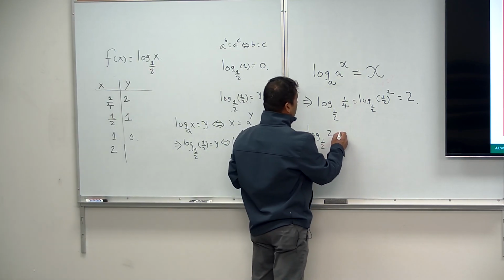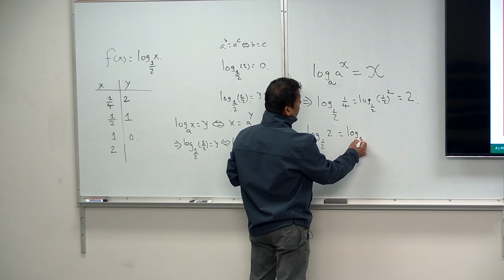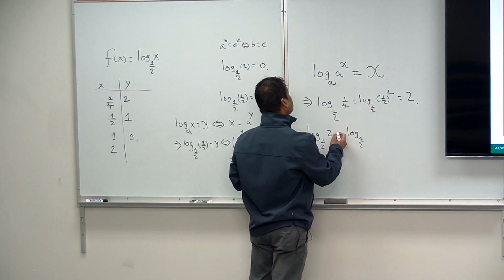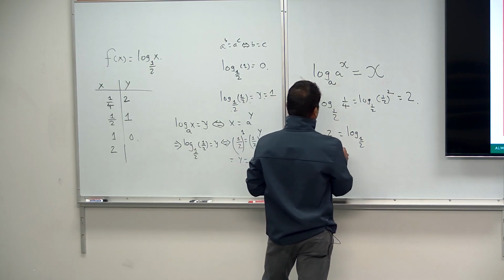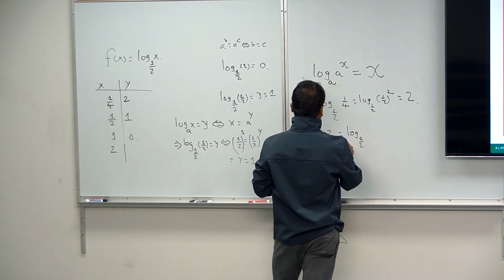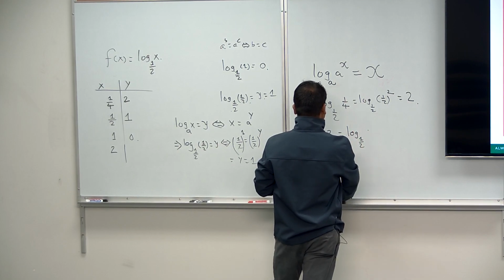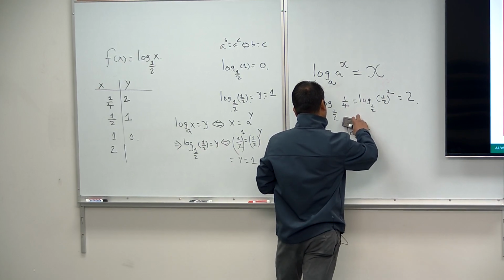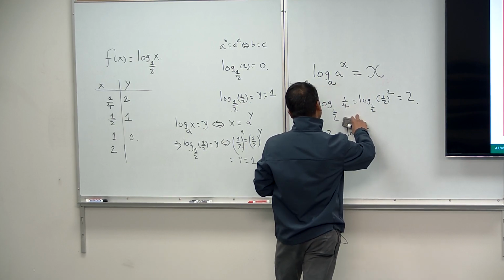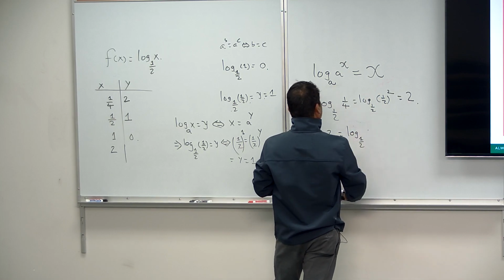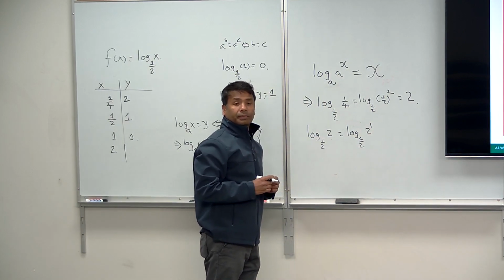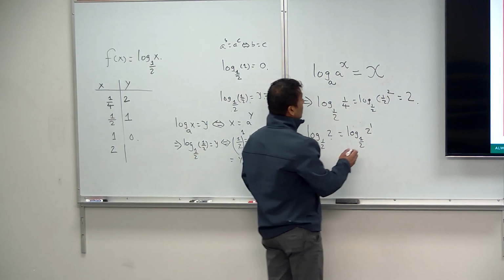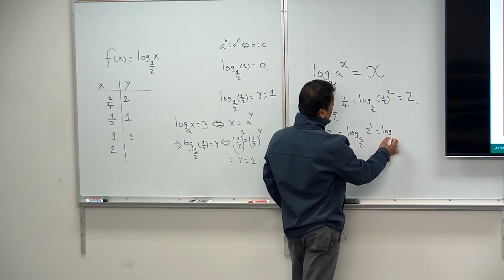And this 2, how do you write it? It does not have a base a, so let me write down here, if you understand. This 2 is same as 2 to the power 1, agree?